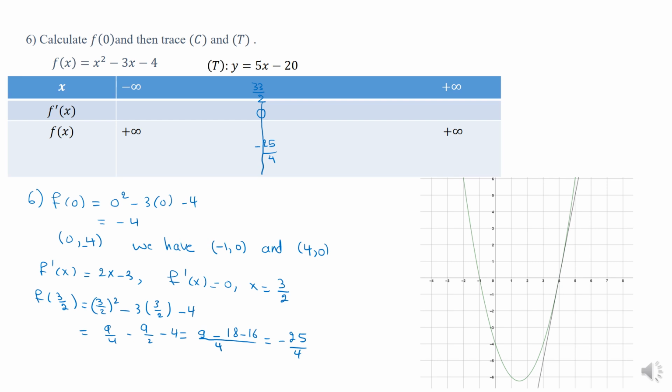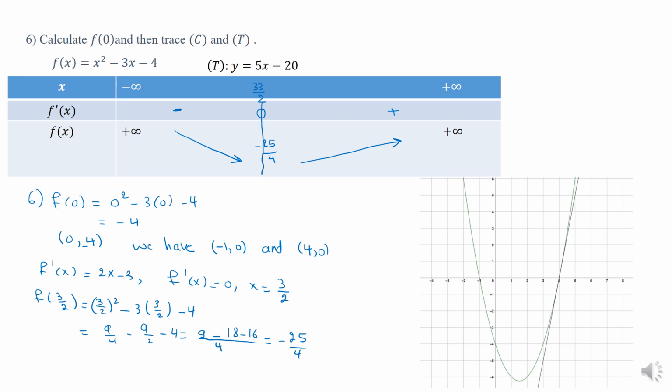So f prime of x is negative when x is less than 3 over 2, and positive when x is greater than 3 over 2. So the function will decrease from plus infinity to negative 25 over 4 and increase from negative 25 over 4 to plus infinity.